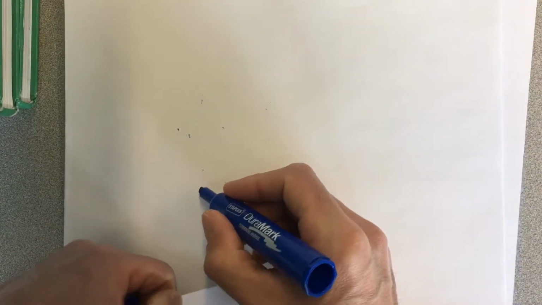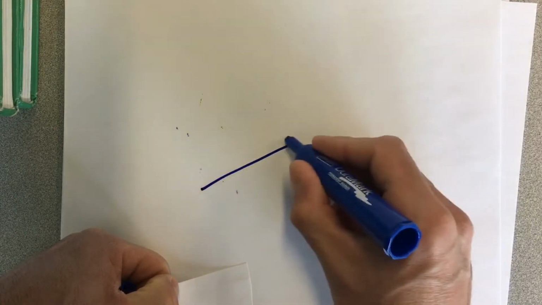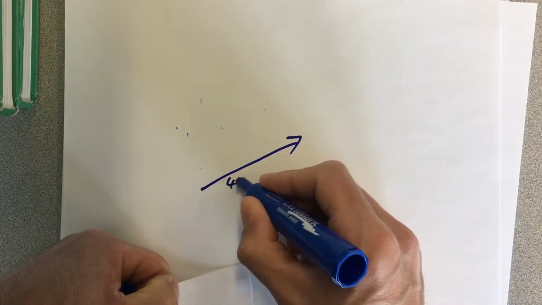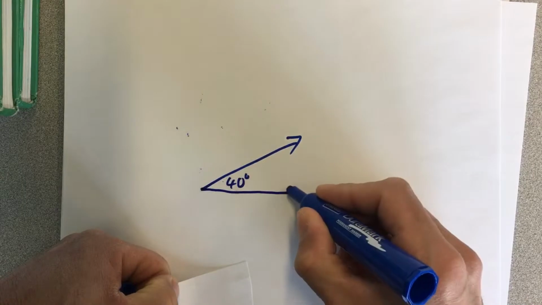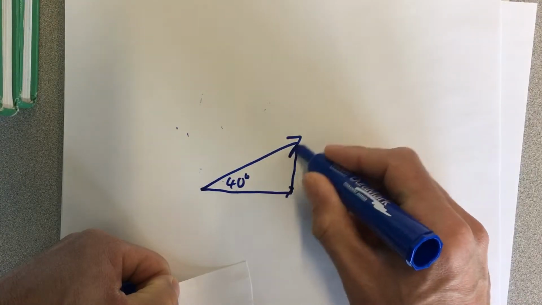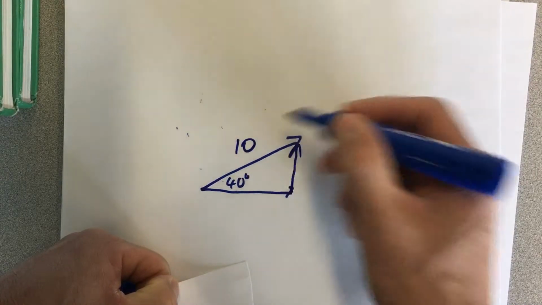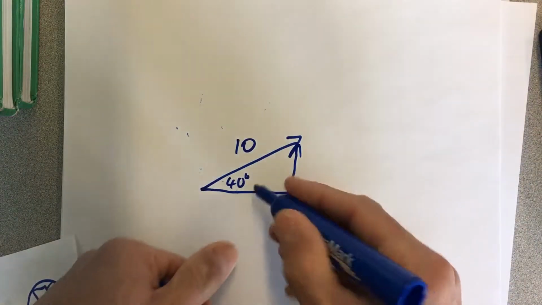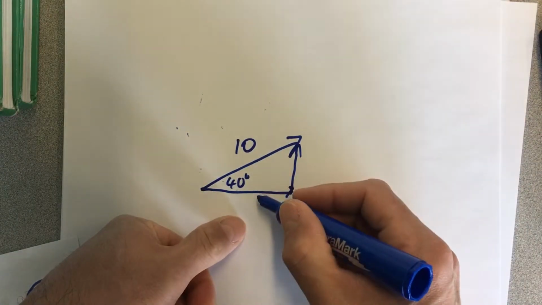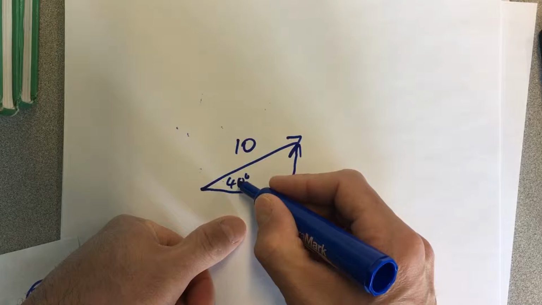So we've got 10 meters per second at an angle of elevation of 40 degrees. The horizontal component is going to be 10 times the cosine of 40.